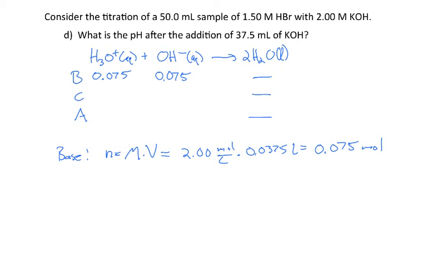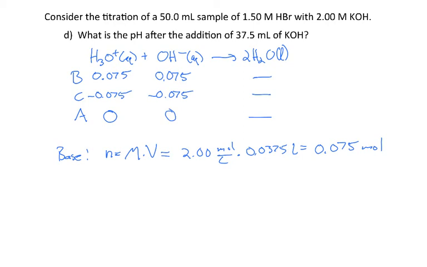So we can see that they're both the limiting reagent. They're going to completely react with one another. So minus 0.075, minus 0.075. So I've got no strong acid left, no strong base left. And so they've exactly neutralized each other.